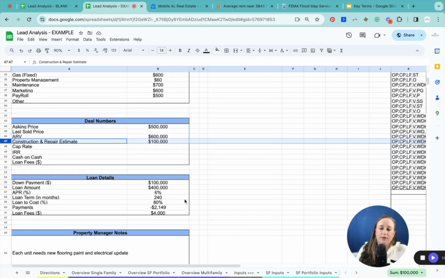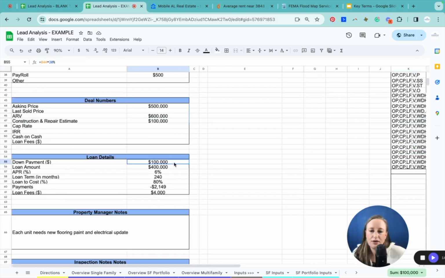Okay. And then down here, I'm going to put in my loan details. So if I'm getting an 80% loan to cost loan, then I'm going to need to put 100,000 down with 400,000 in debt at an APR. Right now, the interest rate's pretty high. It's around 6%.